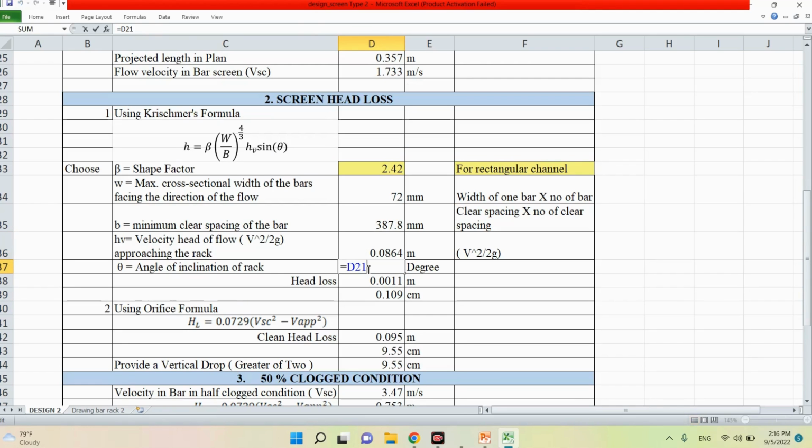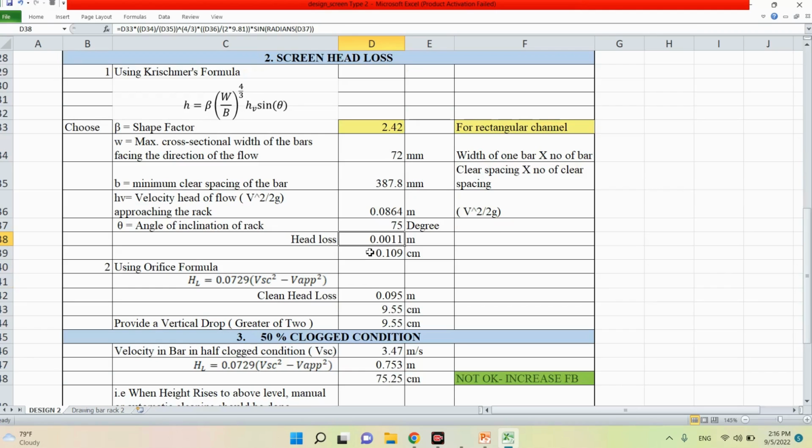The angle of inclination was 75 degrees and the head loss is calculated as 0.109 centimeters. Again, by using the orifice formula, we calculate the head loss in a clean condition. In the clean condition, the head loss came out to be 9.55 centimeters.